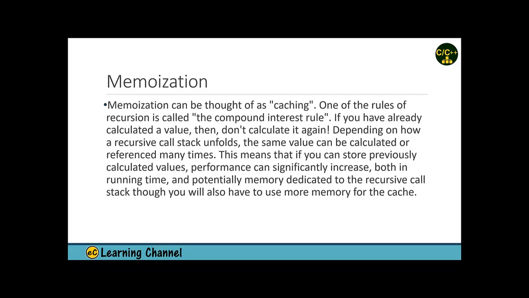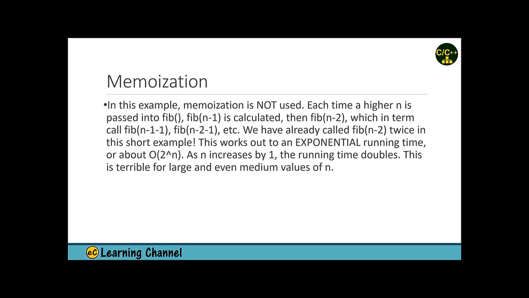Memoization is an application of one of the rules of recursion. We talked about memoization before. We have two ways: the top-down approach called memoization, and the bottom-up called tabulation.